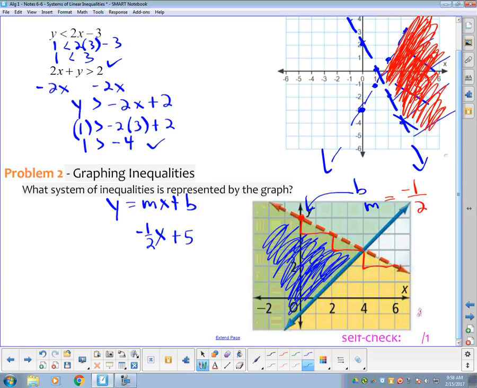It's dashed, but greater would be up and to the right, so it's a less than. Why is it not a less than or equal to? It's a dashed line, so it's a strict less than. So y is less than that. There's my first inequality.